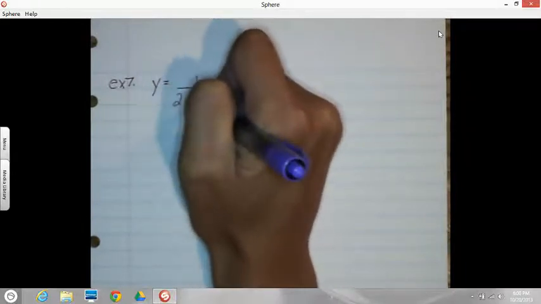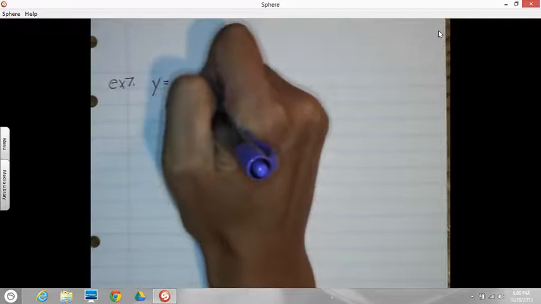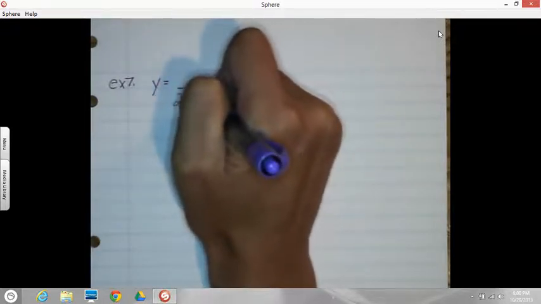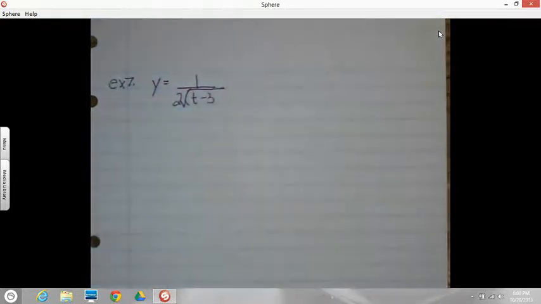Again, it's just getting it in the form where we can do the derivative rule. We've got 1 over 2 times the square root of t minus 3. I'm going to get rid of that radical.